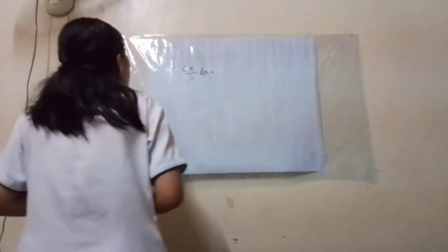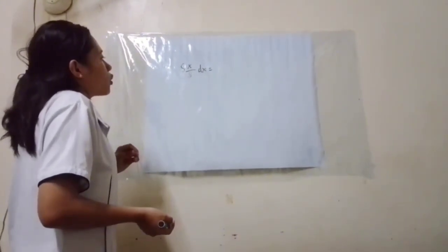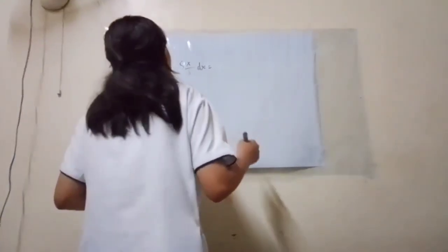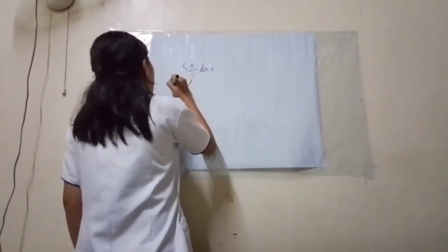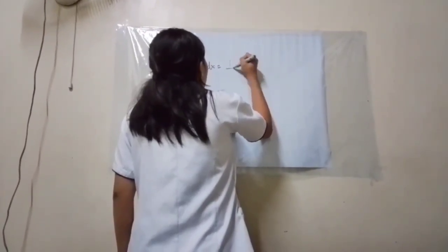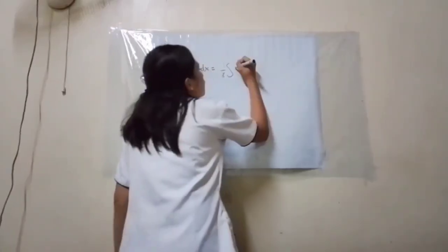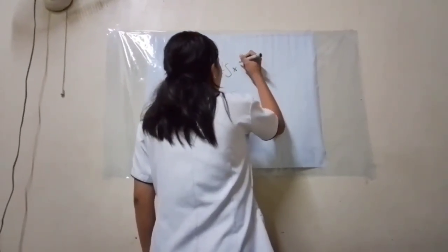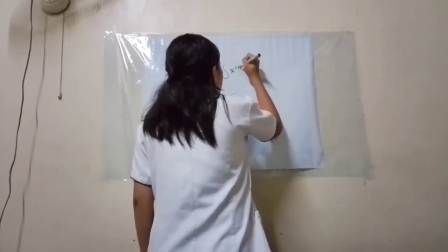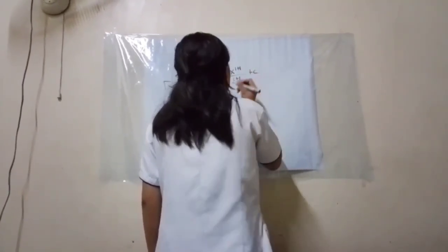Next, let's move to fractions. If we wish to find the antiderivative of x over 8, the first thing that we're going to do is put the constant outside, so it's going to be 1 over 8. Then x to the 1 plus 1 over 1 plus 1, plus c.